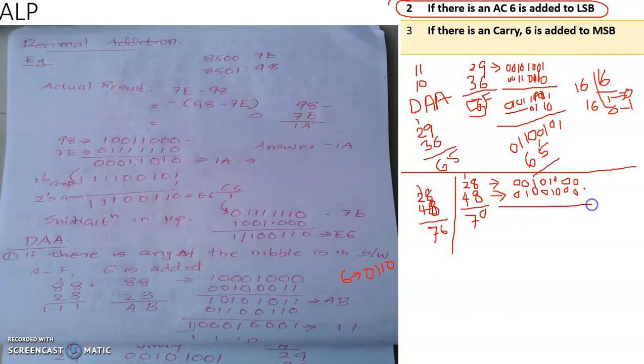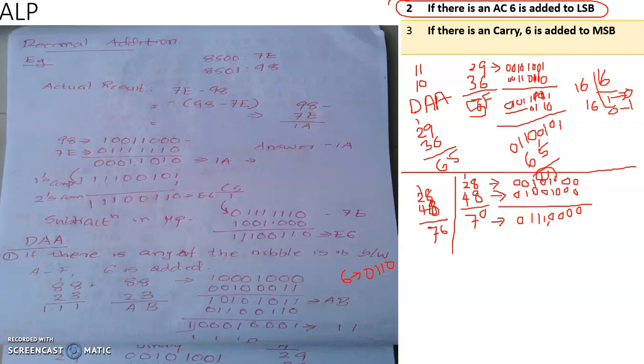Now we add these two numbers. 0 plus 0, 0; 0 plus 0, 0; 0 plus 0, 0; 1 plus 1, 0 with a carry 1. This is an auxiliary carry. 1 plus 0 plus 0, that is 1. 1 plus 0, 1; 1 plus 0, 1; 0 plus 0, 0. This is how you obtain the result 70 in the accumulator.